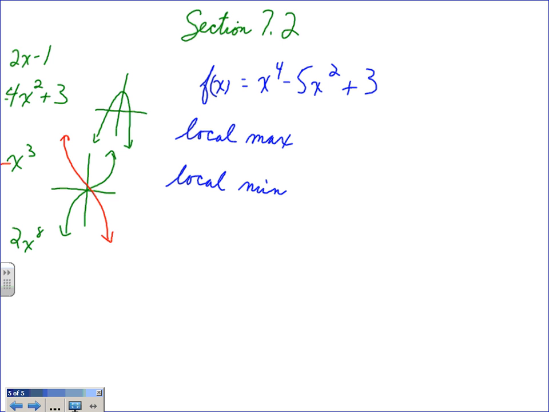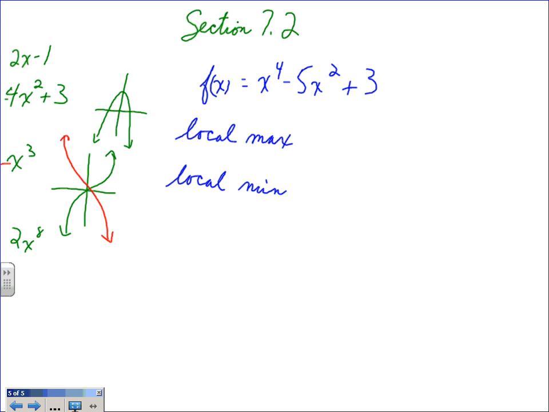So I'm going to go over to the calculator here and graph that. And Julie, you won't be able to see this graph, but put this in your calculator, which is x to the 4th minus 5x squared plus 3.